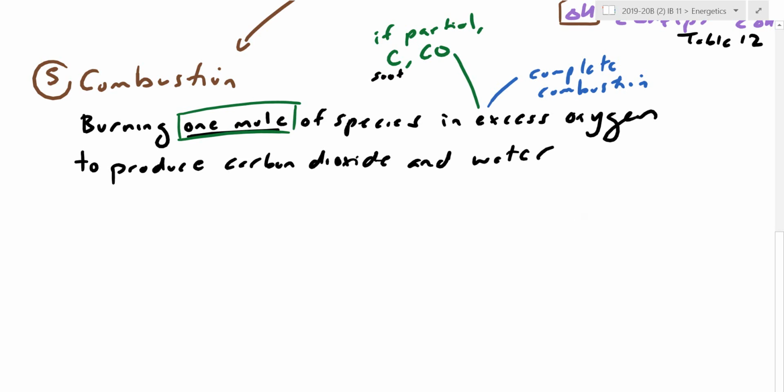Carbon monoxide is actually a poisonous gas, so they really like asking that in a paper 1 question. During partial combustion, which of these are possible? Instead of the fully carbon dioxide that we expect, we sometimes do get C and CO.